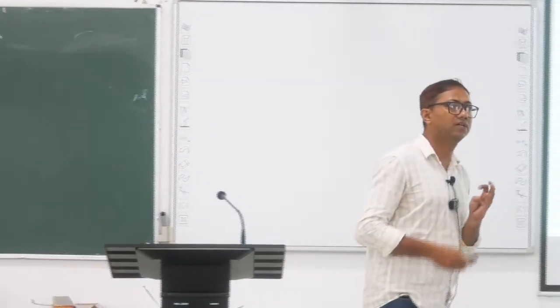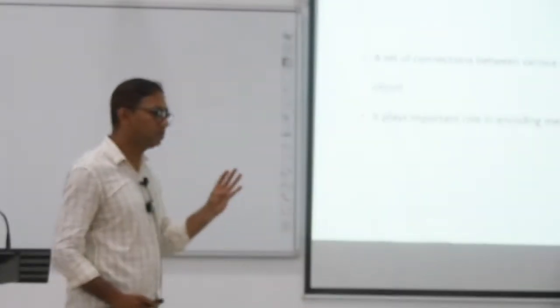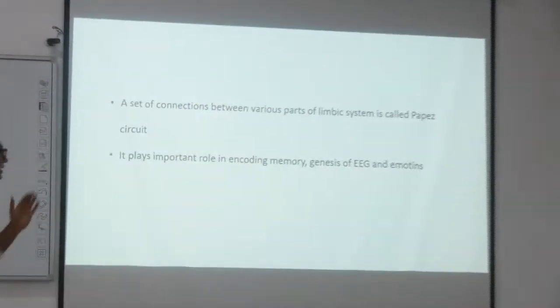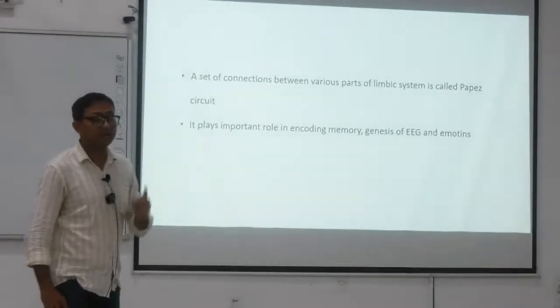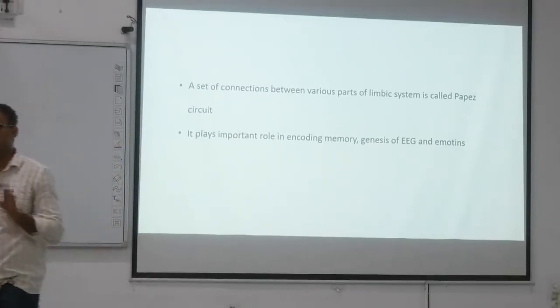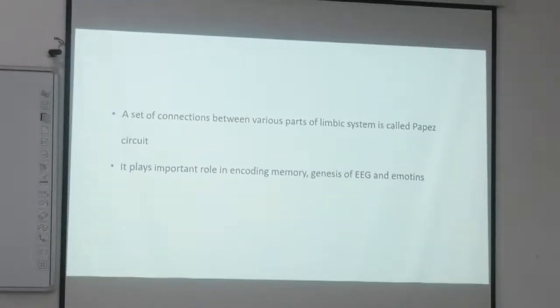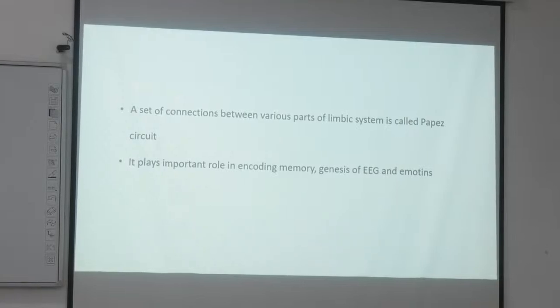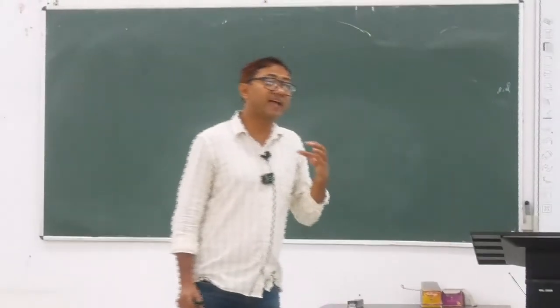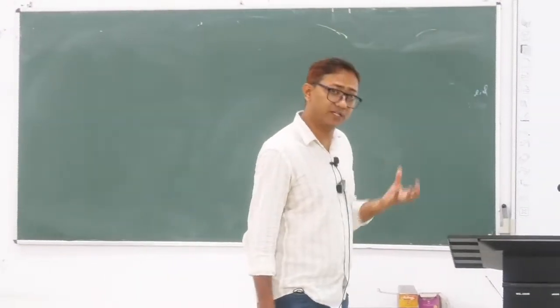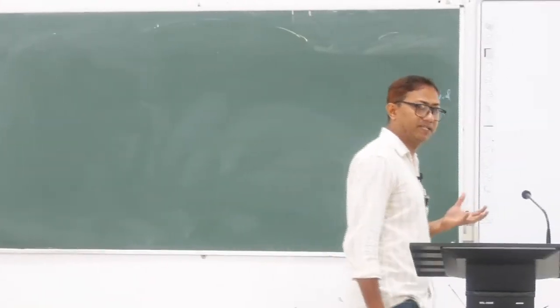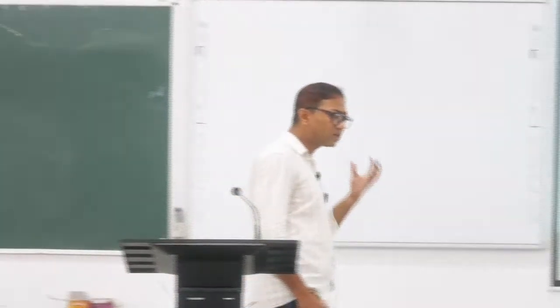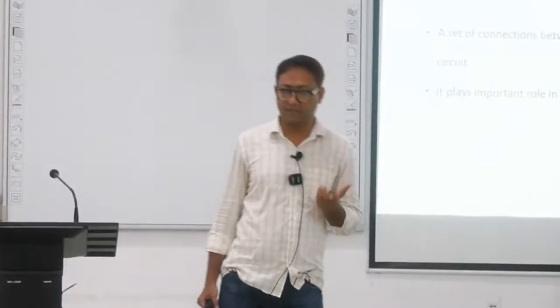What is its role? The major role is encoding memory, genesis of electroencephalogram, and finally, most important, emotion. It is this specific connection within the brain which controls your anger, your emotion, your excitement, and your sexual behavior.